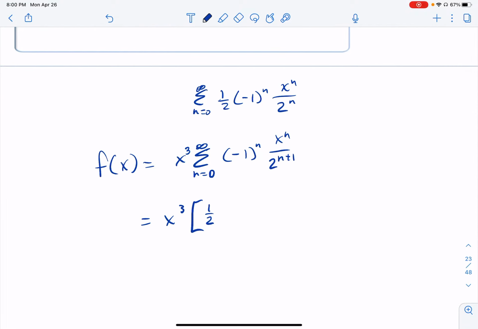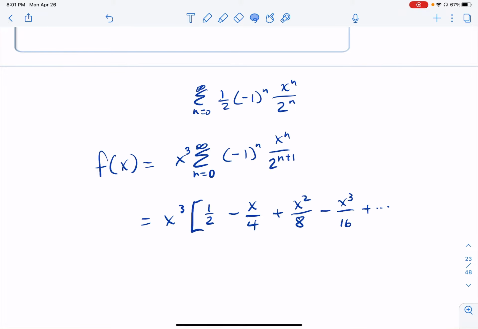So I'd have minus x over 4, I believe, right? And then multiply by -x over 2 again, so positive x squared over 8, minus x to the third over 16, and then dot, dot, dot.